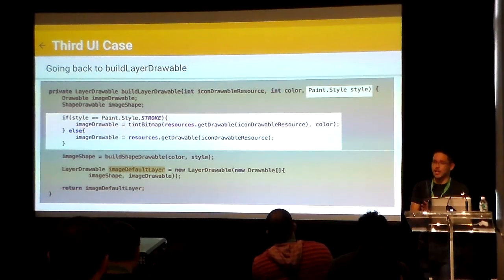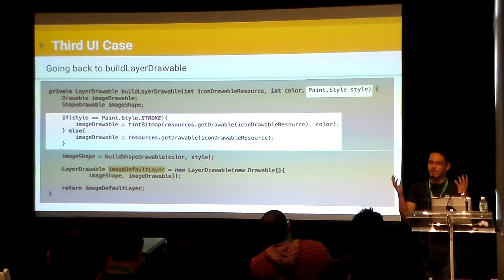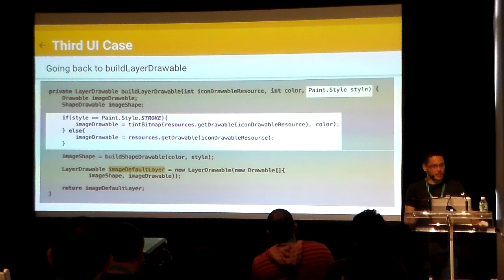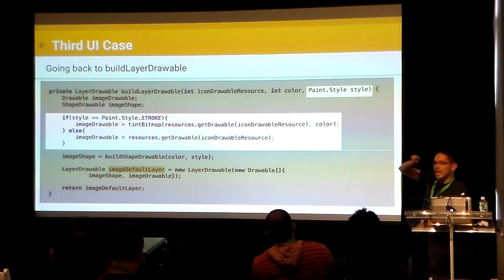After that, we're also going to have to change a little bit our build layer drawable, because now, again, we have the stroke and we have the fill shape drawable. So basically, when it's stroke, that means I have the lines circling my image, but my image is tinted, that means that I want the color to be applied to my image.